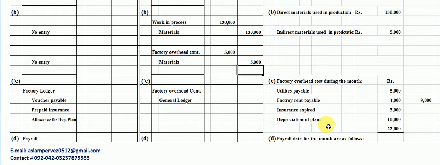Now, students, utility bills payable, these are cash expenses. Factory rent payable, this is also a cash expense. The sum of both is 10,000 rupees. Against this amount, the head office has to prepare the voucher payable here.